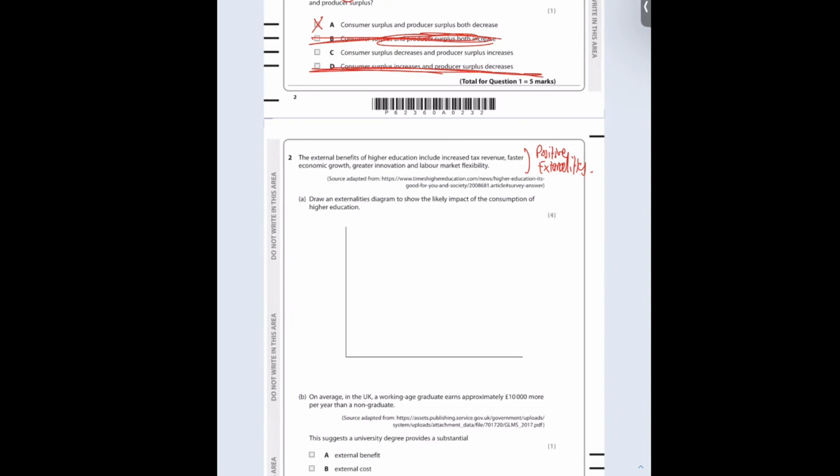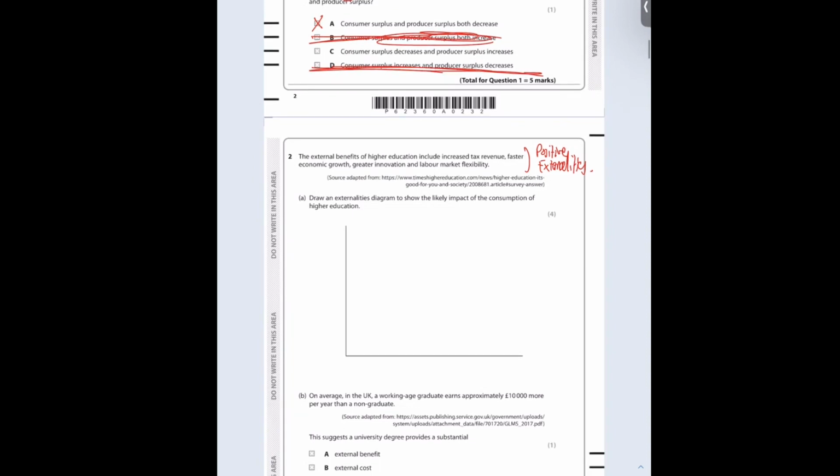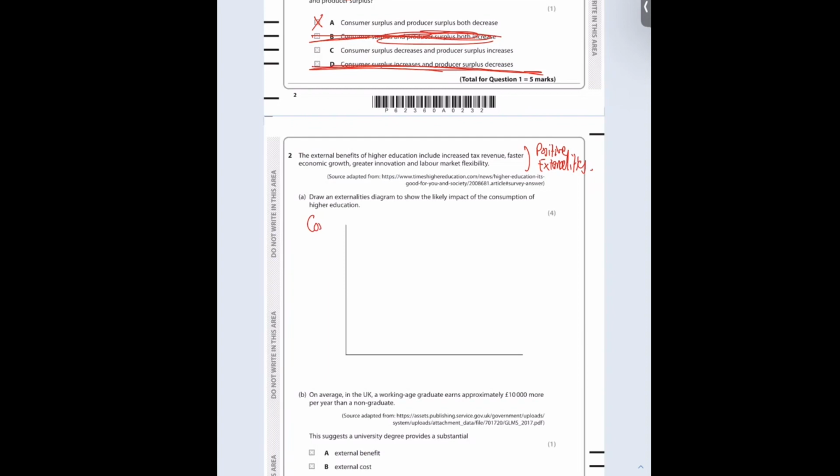So on the y-axis and the x-axis, we have slightly different labels or labels that we can change. But in this case, we're going to put cost/benefit. And this one would just do quantity of higher education students.